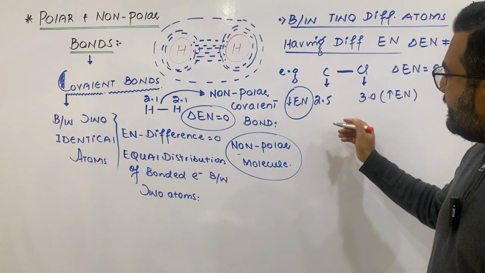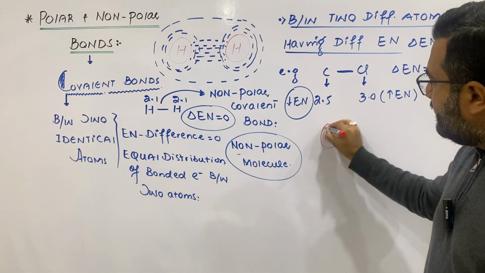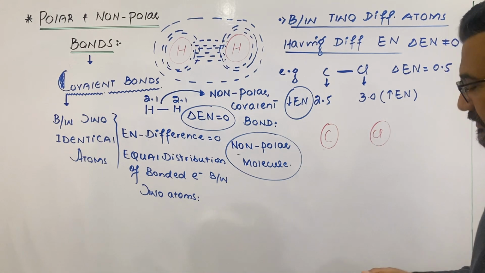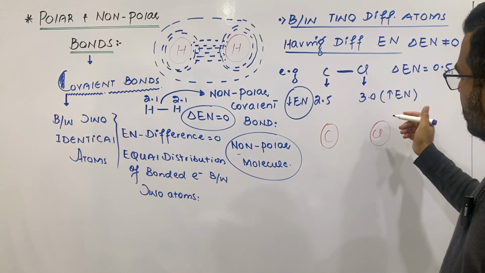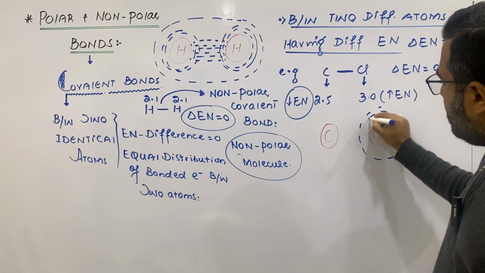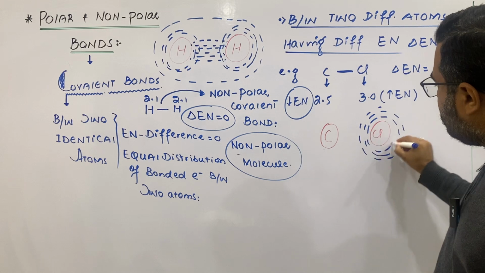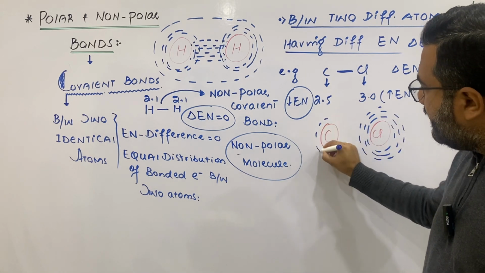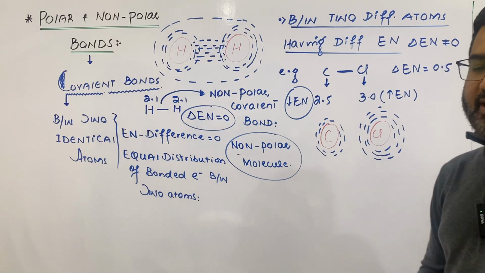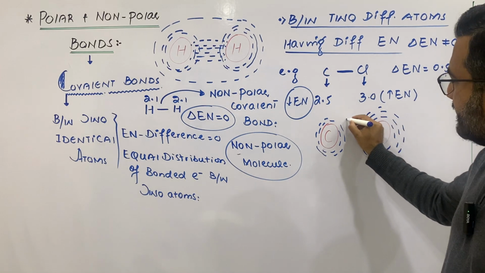In this case, this is the carbon atom, here is the chlorine atom. So most of the electronic density will be around the chlorine atom, its molecular orbitals will have greater electron density as compared to the carbon. In that case, the carbon will have very low electron density.